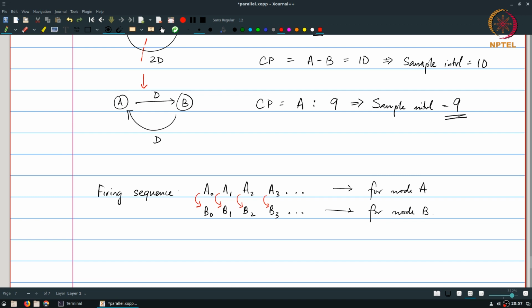Or in other words, another way of drawing this would be to say that A2 depends on B0, A3 depends on B1, A4 depends on B2, A5 depends on B3, and A1 in other words would depend on B minus 1, which we will take as an initial condition and therefore we can sort of ignore for now. So these colored arrows are basically showing us what the dependencies in this firing sequence are and what it is that we actually need to keep in mind when we are implementing this in practice.